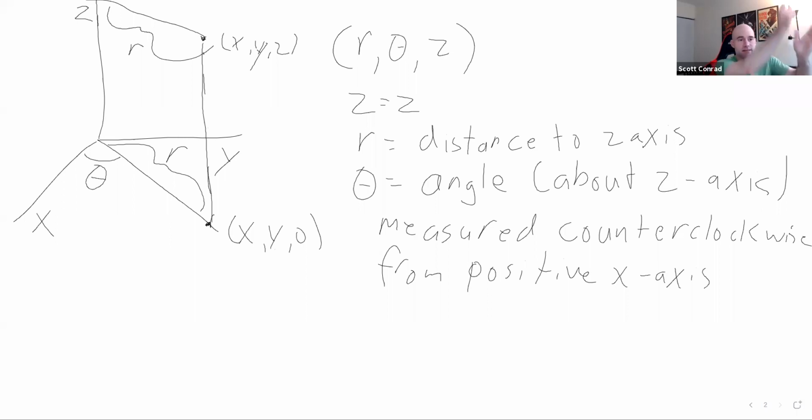So that's how I like to think about theta, is angle about the positive z-axis. Or if you project your point down to the xy plane, it's the normal theta. So any confusion about that point?